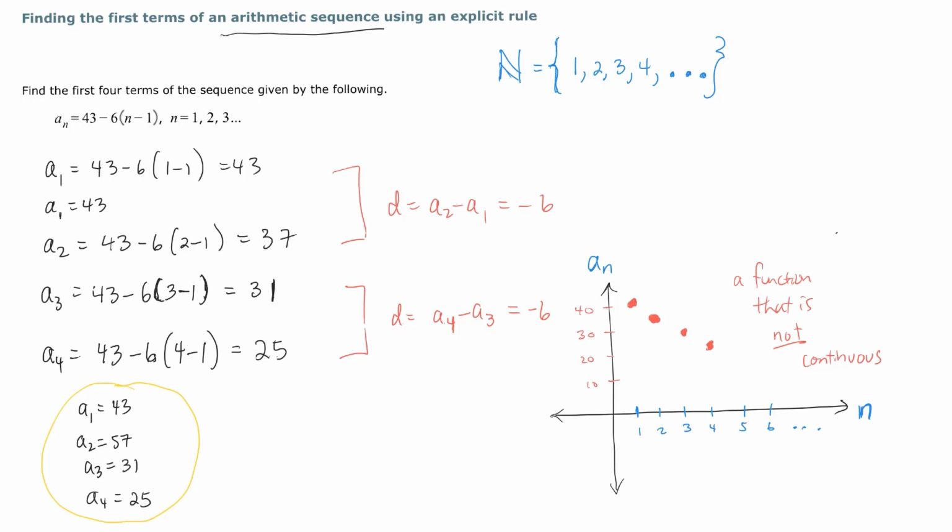In fact, they're just little dots that pass the vertical line test. So that was just a little bit of additional information for you guys to get a better idea of what sequences are. Even though I circled the final answer, you definitely want to show this work here. So I'm going to circle that as well. There you go.